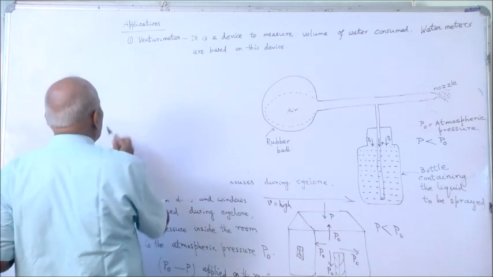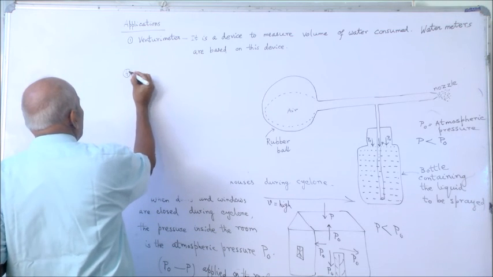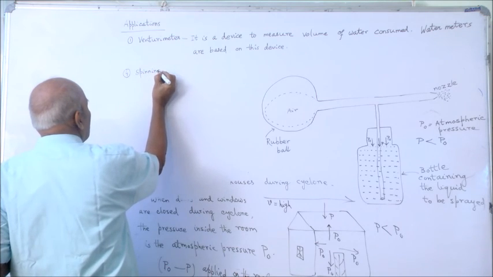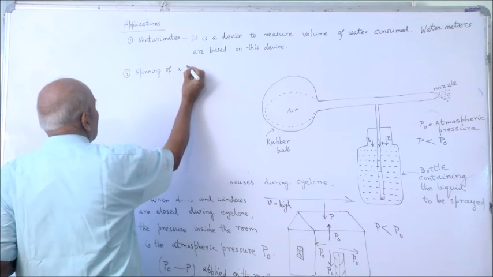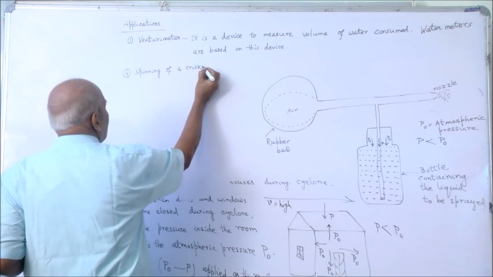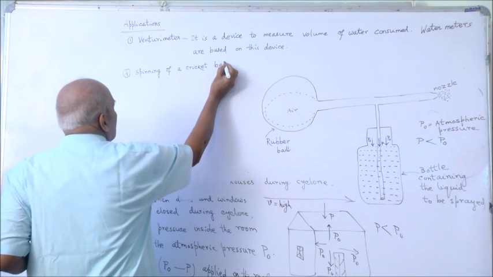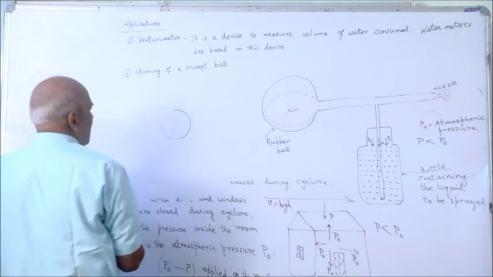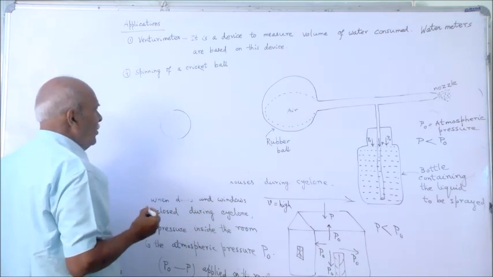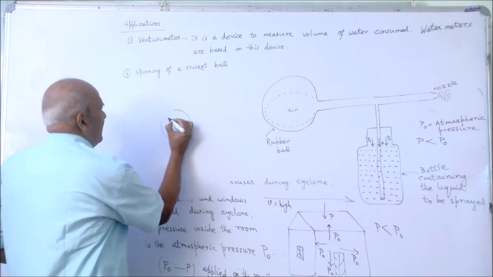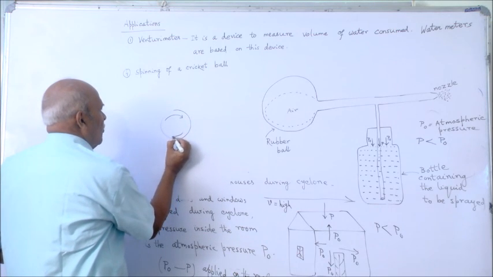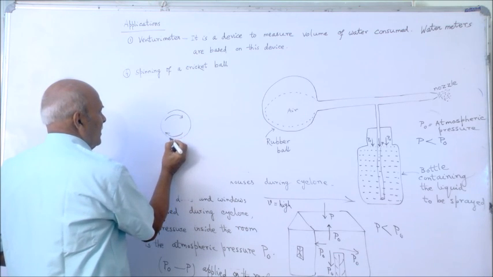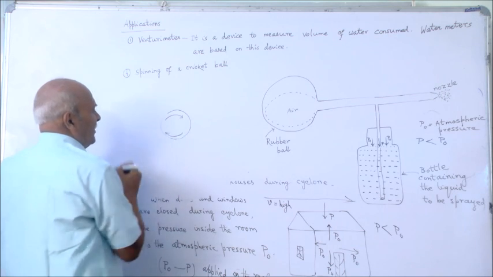Then another application is the spinning of a cricket ball. Suppose there is a cricket ball and it is thrown into air, making a clockwise rotation. The thrower is capable of producing spin.